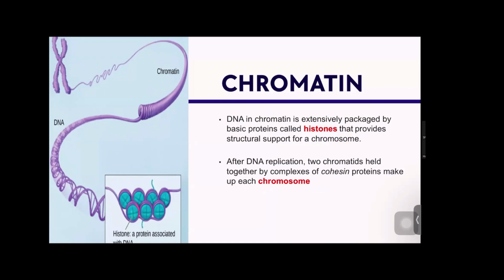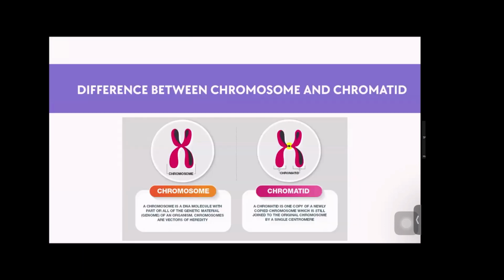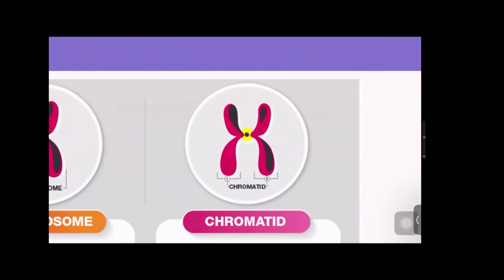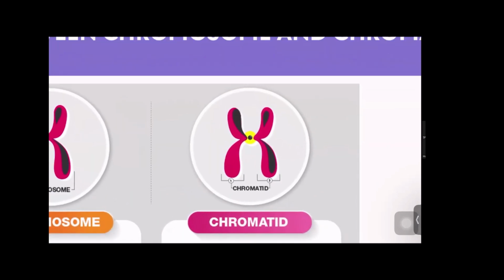So during cell division, these chromatids separate and become individual chromosomes in new cells. So again, a chromosome is made up of two identical sister chromatids, and each sister chromatid is joined by a centromere, ang yellow na circle sa gitna.